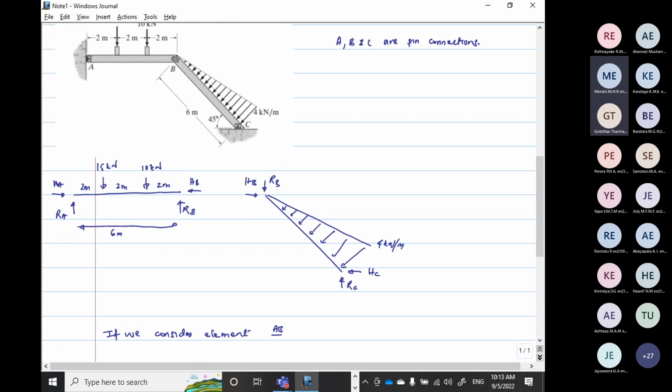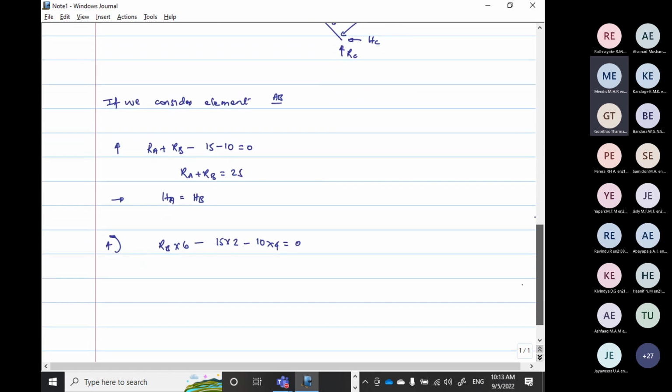Okay, so that gets us RB. So RB is equal to 30 plus 40, 70 over 6. So 70 over 6 is 11.67.